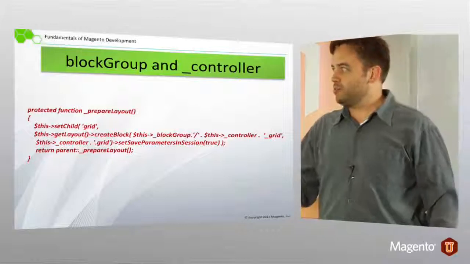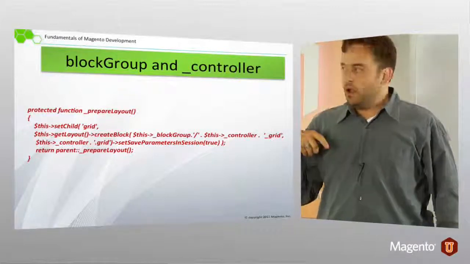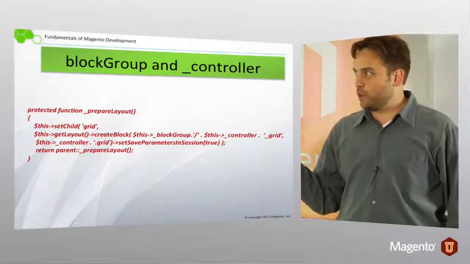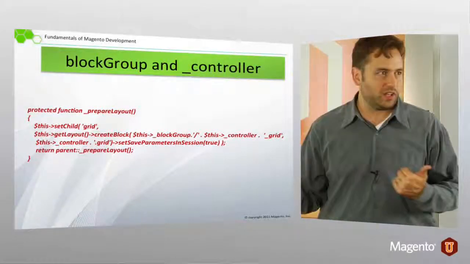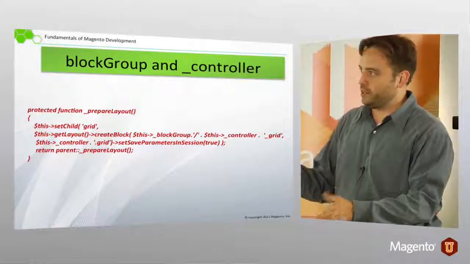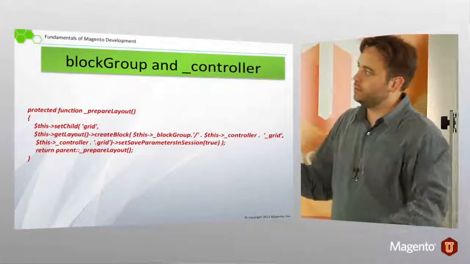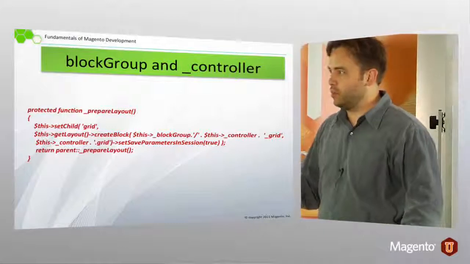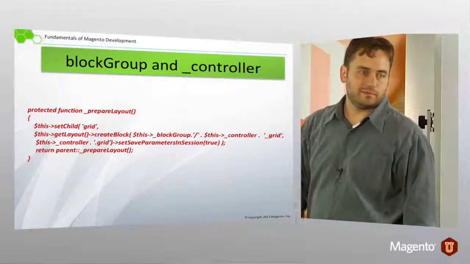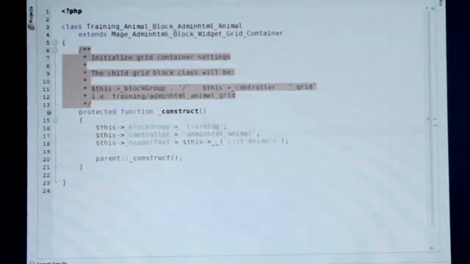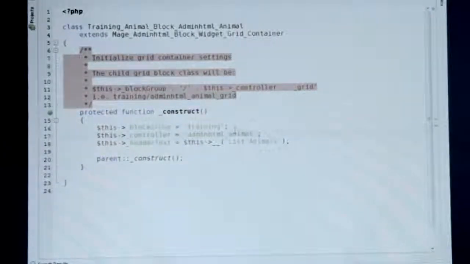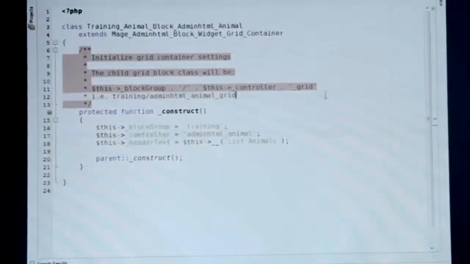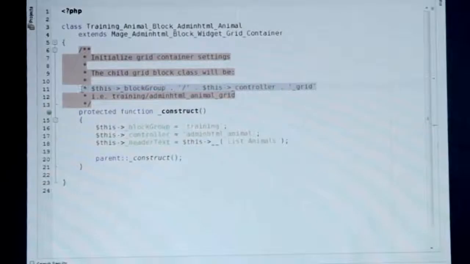So training, and then we specify this controller. So this controller here, we're specifying Adminhtml animal. That tells us the class that we need to make: training animal block, Adminhtml animal grid. Whatever we specify here, that's the class we're going to need to make. And for a grid, it'll be /grid. And that's denoted up here. Actually, I could have shown you right here.